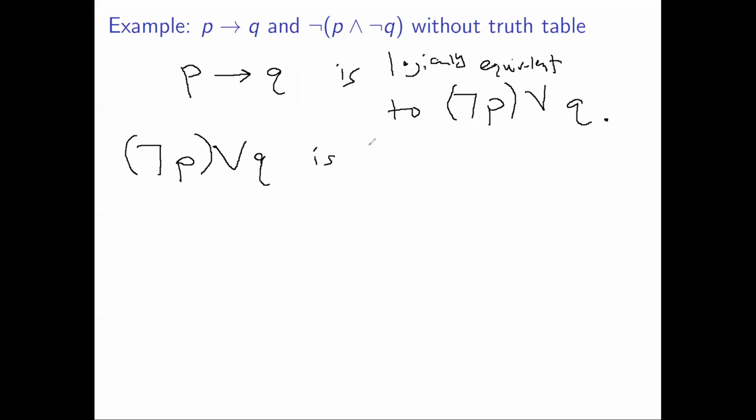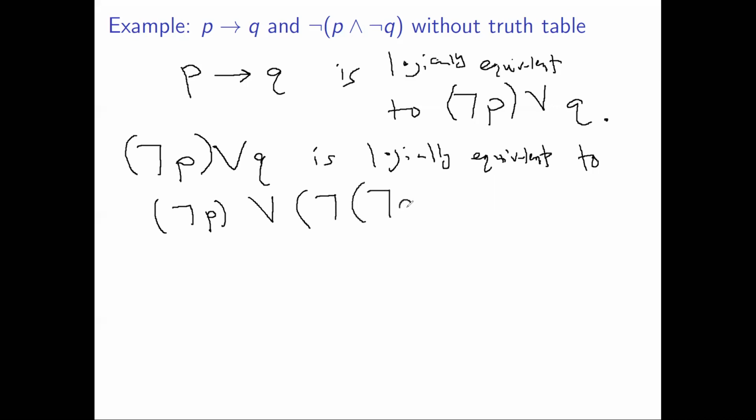So we'll say this is logically equivalent to not P or not Q. So we showed a few slides ago that a proposition and its double negation are logically equivalent. So Q is logically equivalent to not not Q.